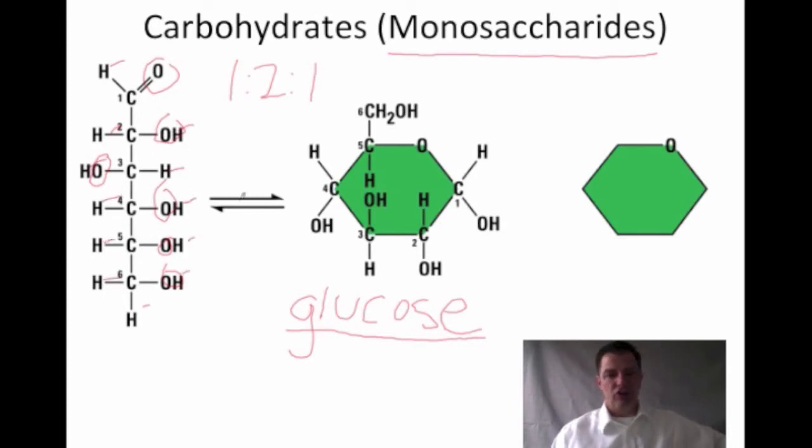Now, glucose, you notice this shows that this reaction can move back and forth between these 2 states. This is glucose, but this is also glucose. Glucose will tend to form rings. It'll fold upon itself and form a ring structure like you see here.